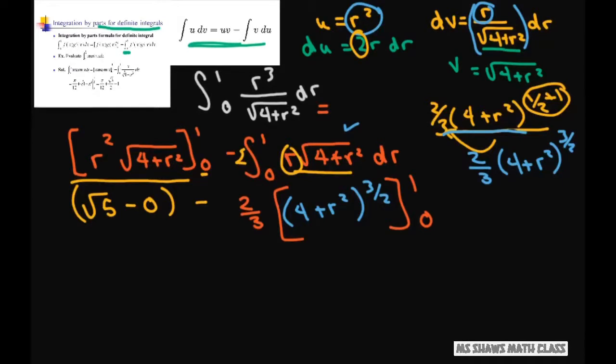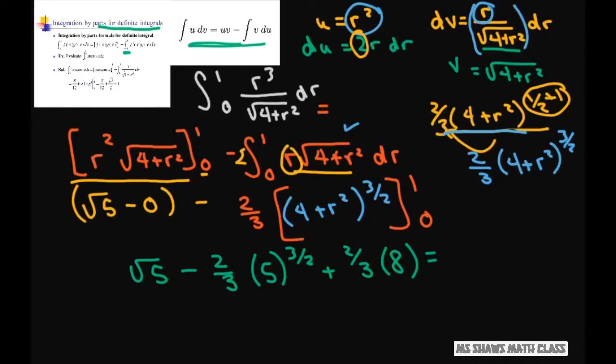So now we have the square root of 5 minus 2/3 times 5 to the 3/2 plus 2/3 times 8.